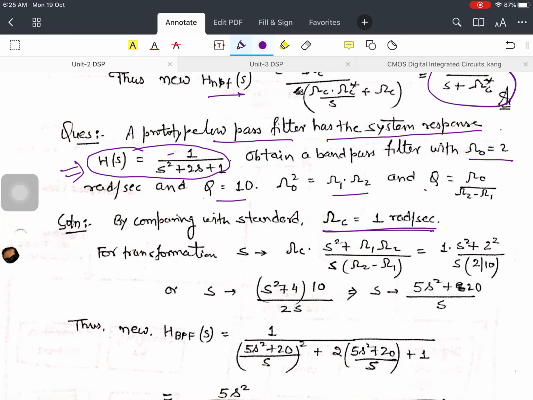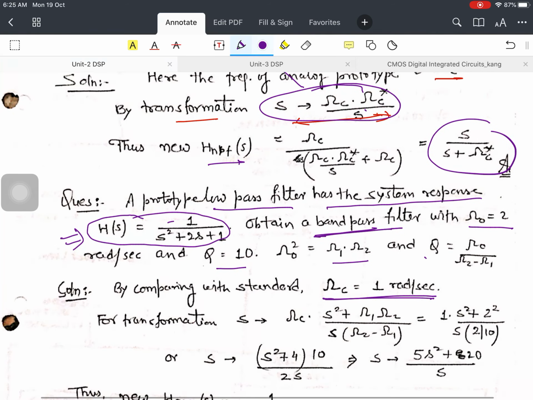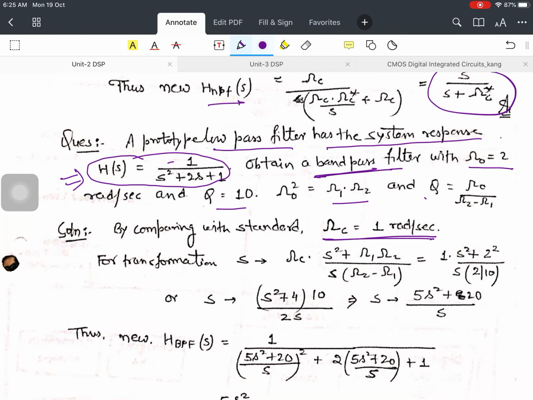Now we want to convert this to a band pass filter. For the band pass filter we have already seen that S is going to be replaced by Ωc into S square plus Ω1 Ω2 upon S into Ω2 minus Ω1. Okay, so we are going to replace using this.